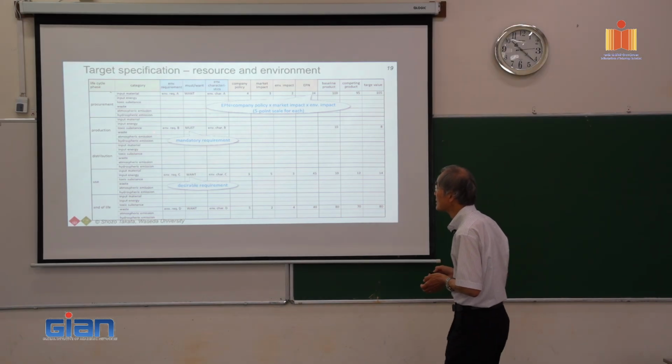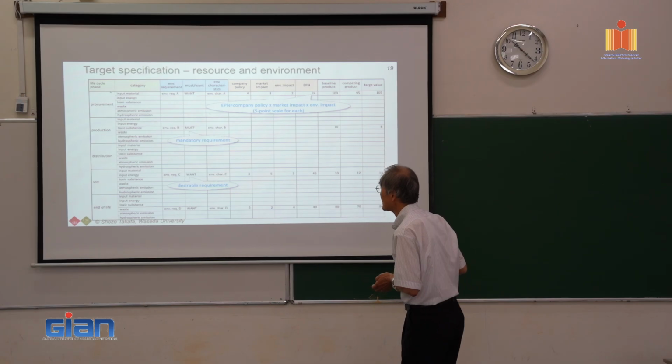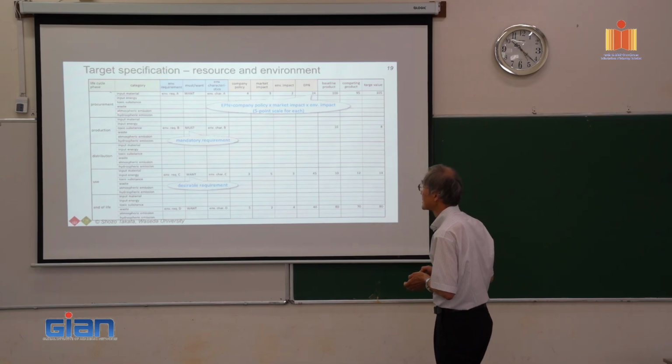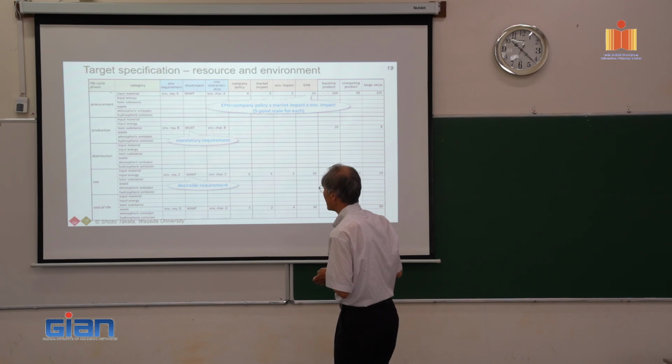And these are the life cycle phases: procurement, production, distribution, use, end of life. And for each life cycle phase, there are input material, input energy, toxic substance, waste, atmospheric emission, hydrospheric emission.